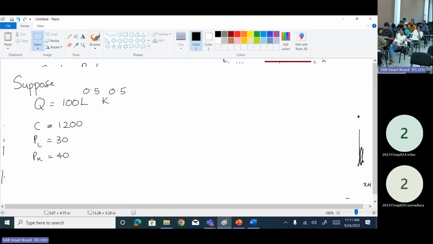So now we have to decide the labor and capital inputs which maximize the output level.